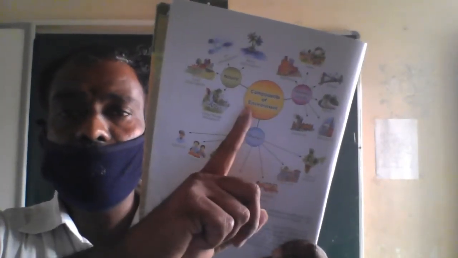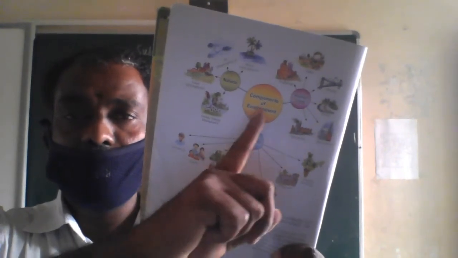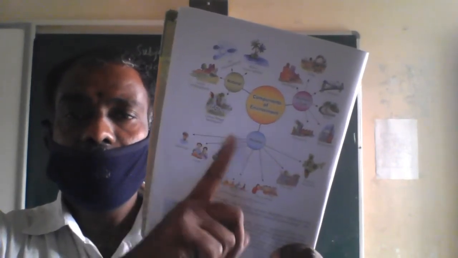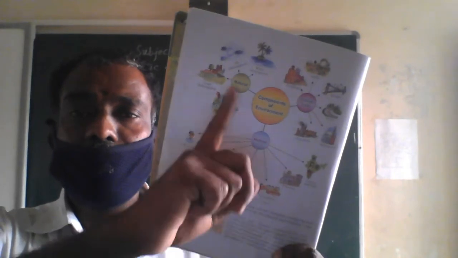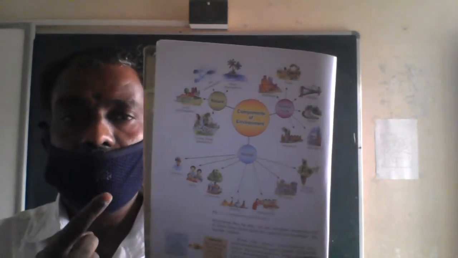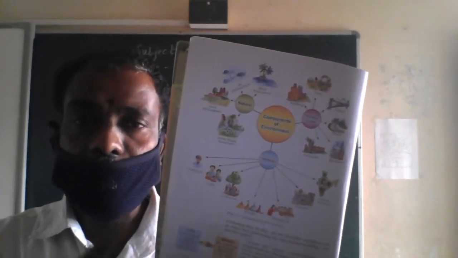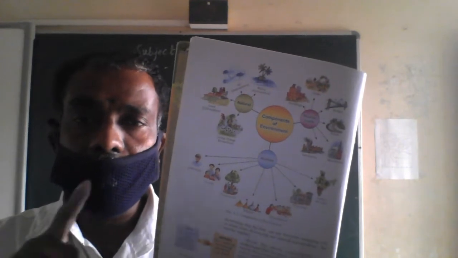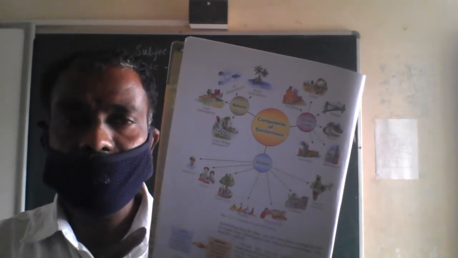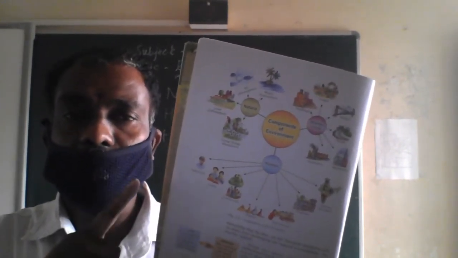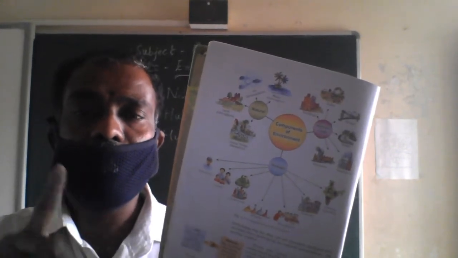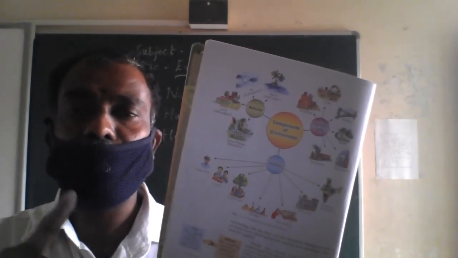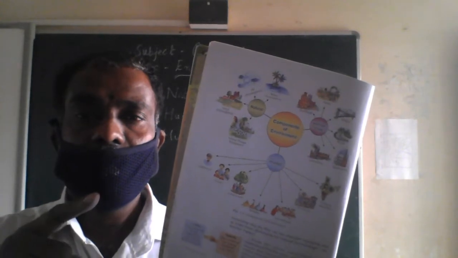See these components of environment. There you see the natural and human-made. So dear students, please go through this concept map. Then you will be able to understand what things are contained in the natural environment, as well as the human environment and human-made environment.